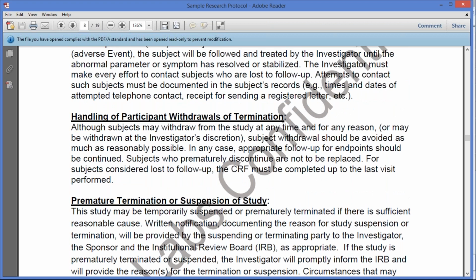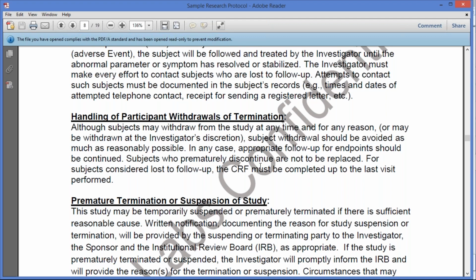What about withdrawals? In this study, patients who withdraw are not to be replaced. Subjects who prematurely discontinue from the study are not to be replaced. It depends upon the protocol.